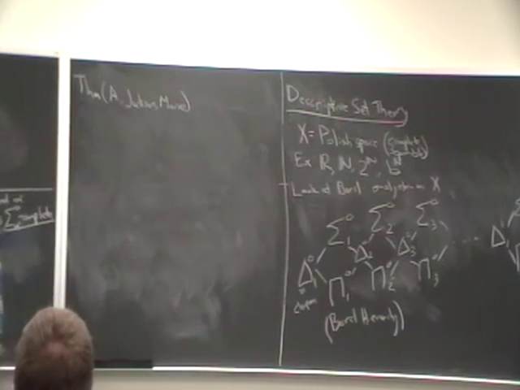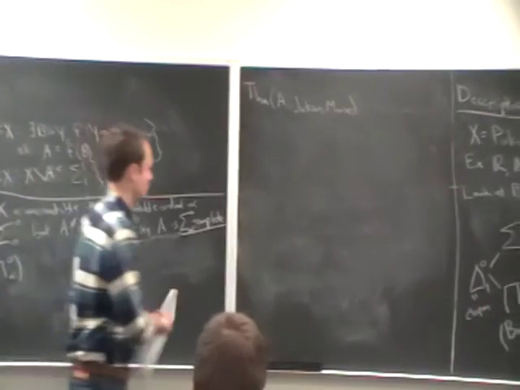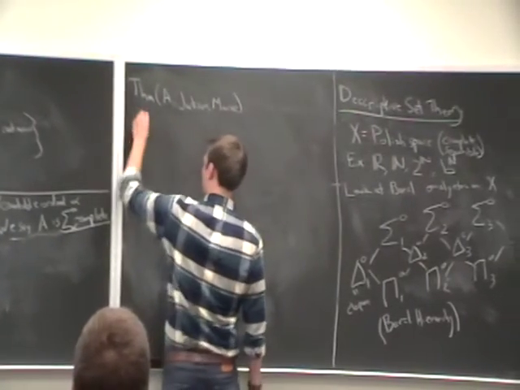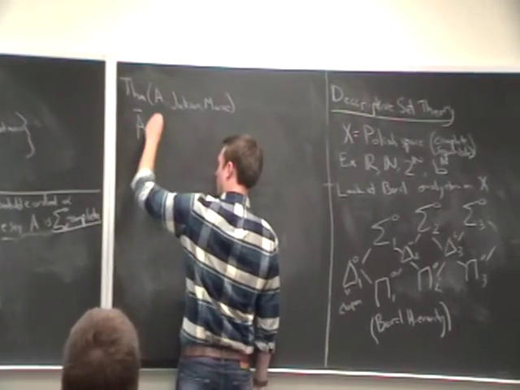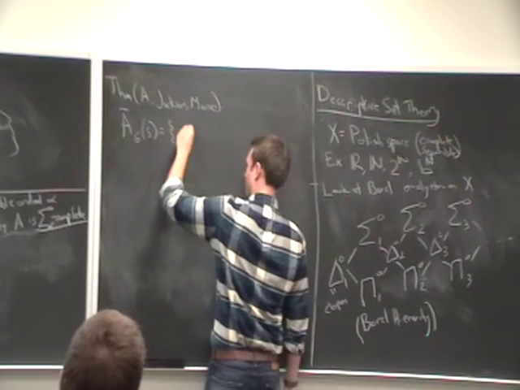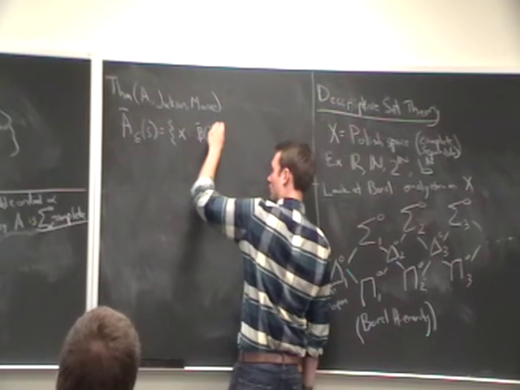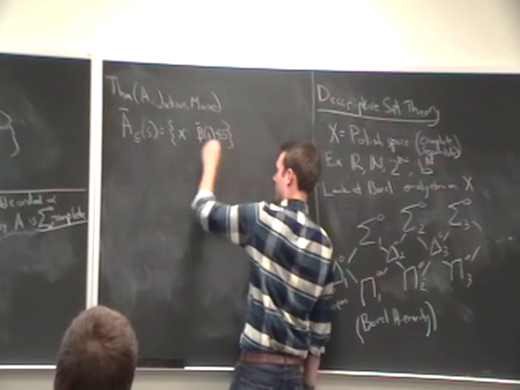So let's define the following four sets. A-upper-less-than-or-equal-to-s is equal to the set of real numbers with upper noise less than or equal to s.